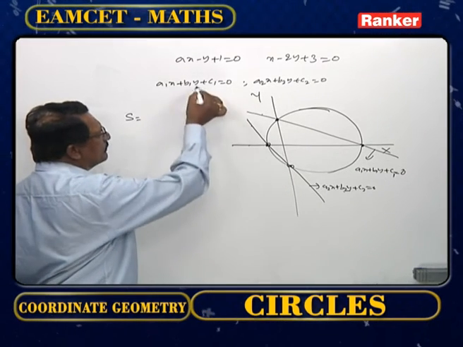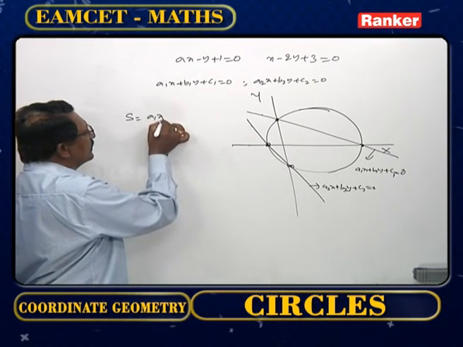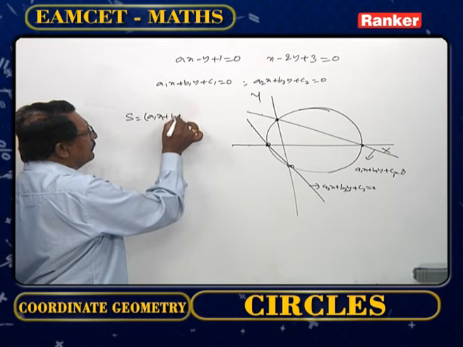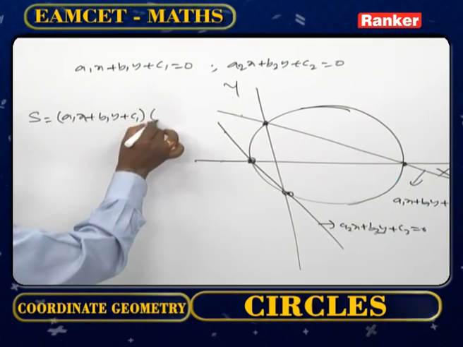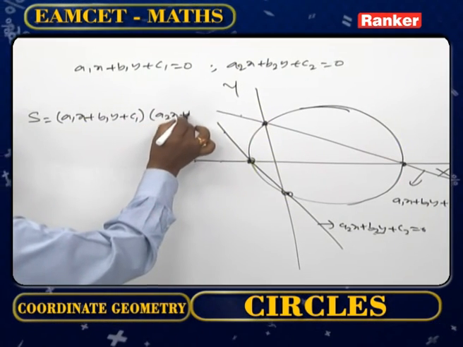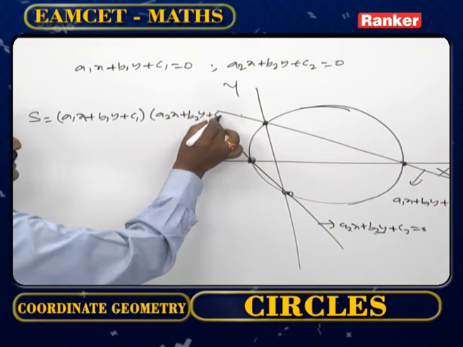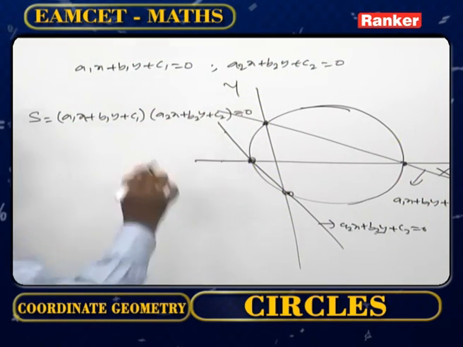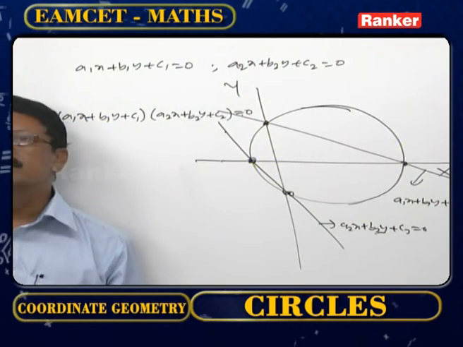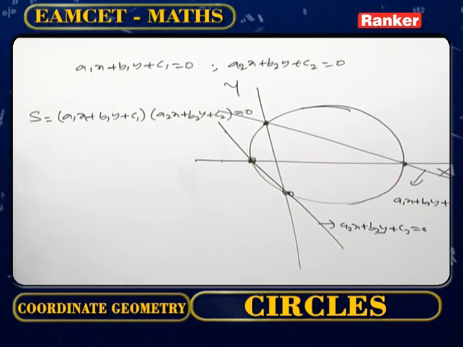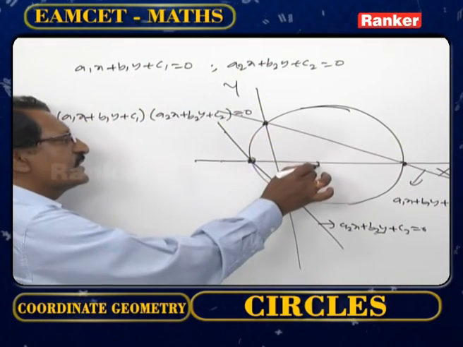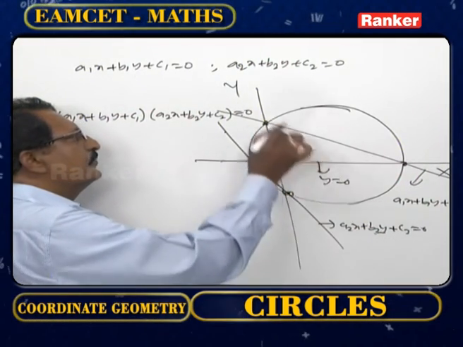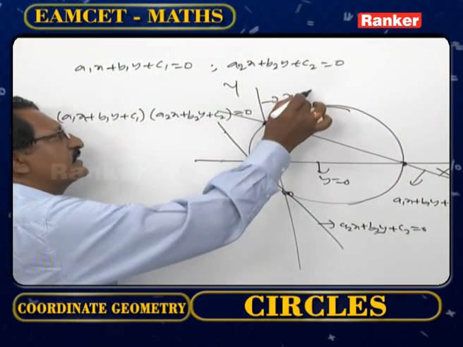First, the combined equation of the given two lines, consider S equals to, multiplying the two equations together, we get a1x plus b1y plus c1 into a2x plus b2y plus c2 equals to 0. Now the equation of x axis is y equals to 0, and y axis is x equals to 0.